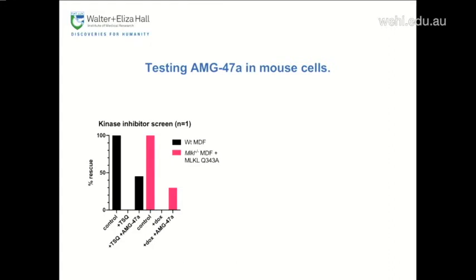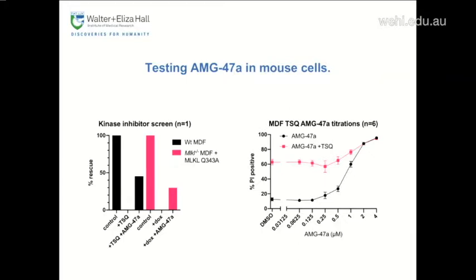Then I wanted to verify the screening results in mouse cell lines, and here's where it got a little bit frustrating. I found that I couldn't replicate the results of the screen, and I didn't see any protection in the mouse dermal fibroblasts, which were the cell line we used in the screen.